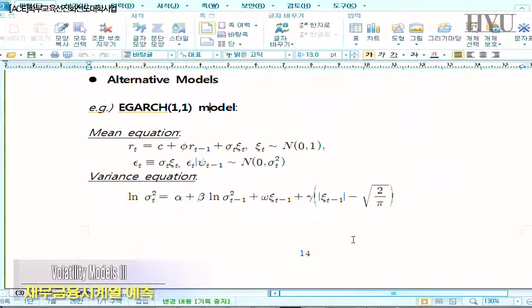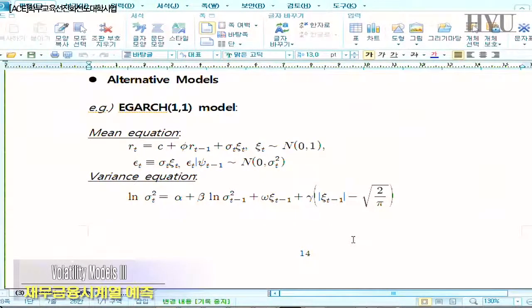And then what is the other feature? Well, here is the one. This one is the kind of highlight of this model. That is, well, in the previous GARCH specification, suppose that there was a big negative shock in the previous period.